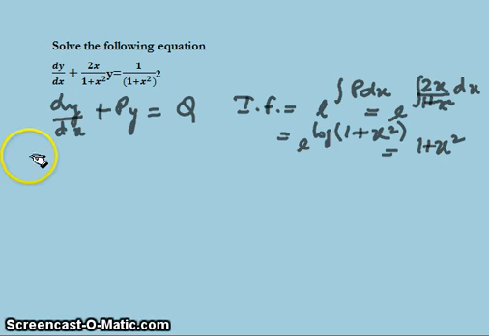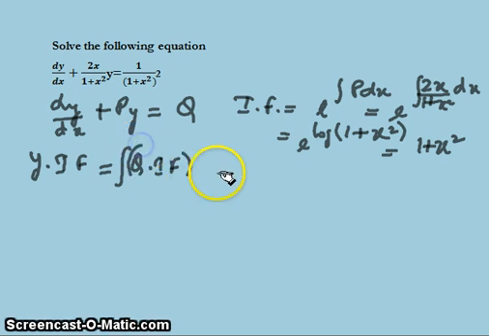Now the solution to this differential equation is written as y into integrating factor equal to integral of q into integrating factor, integrated with respect to x, plus c, where c is a constant of integration.